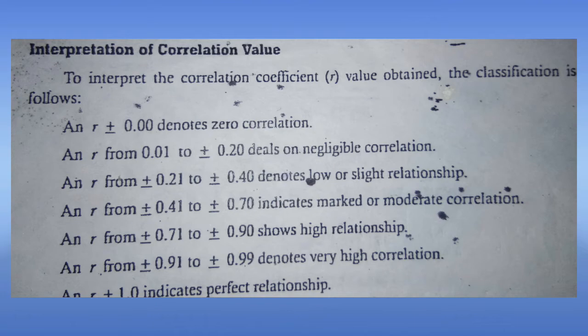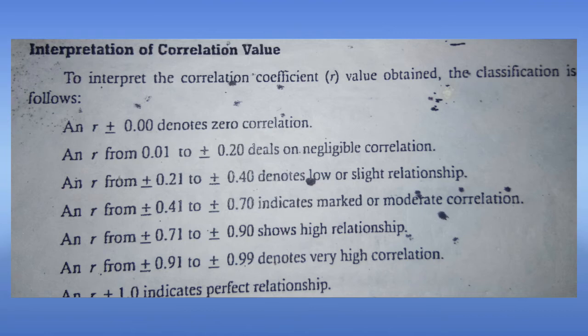Next is a correlation coefficient from plus or minus 0.41 to plus or minus 0.70. It indicates a marked or moderate correlation. Next, a correlation coefficient from plus or minus 0.71 to plus or minus 0.90 shows a high relationship.